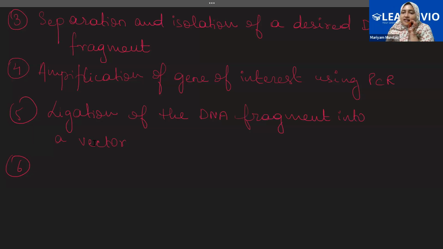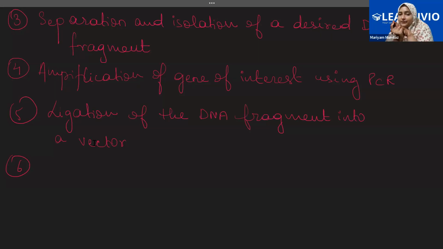The most common vector is bacteria, in that, a plasmid, like pBR322, isn't it the most common one? Okay, so we do the ligation.